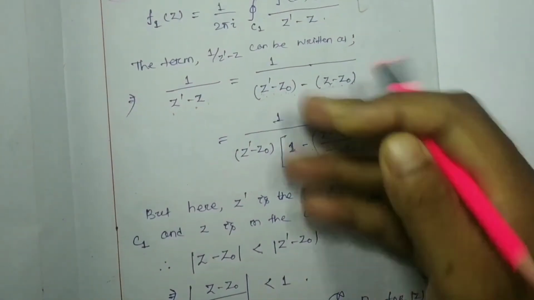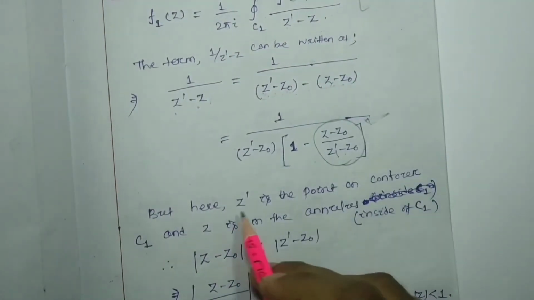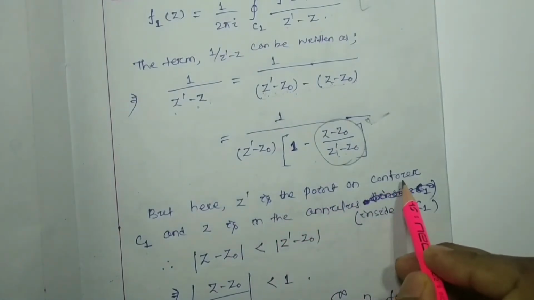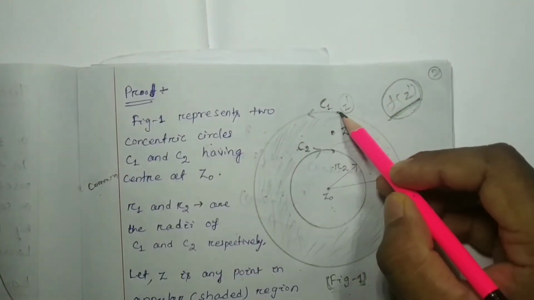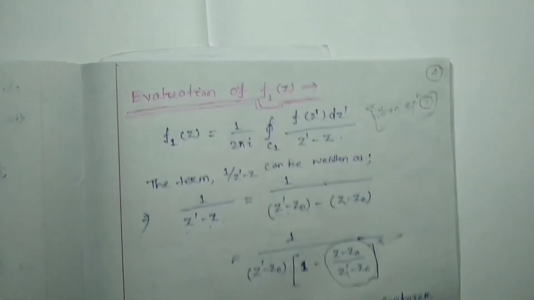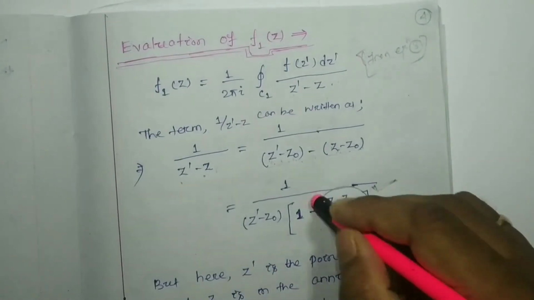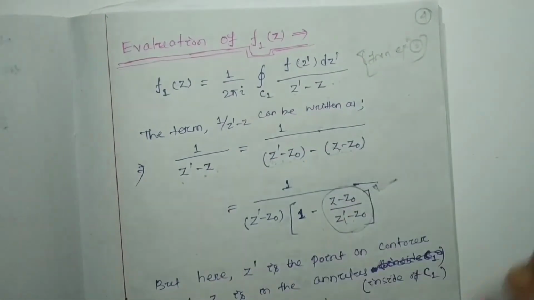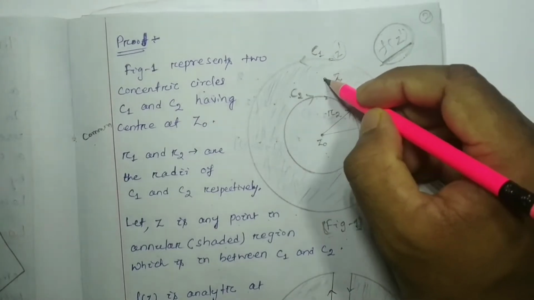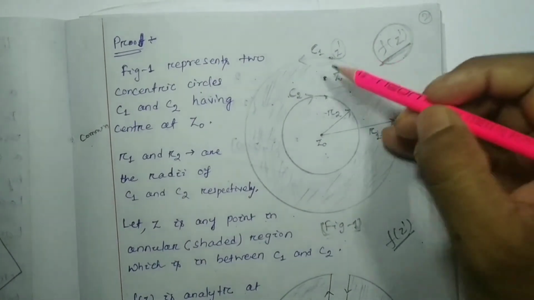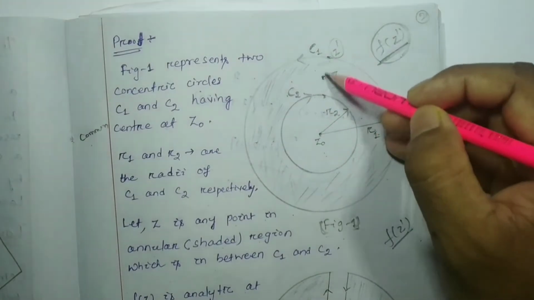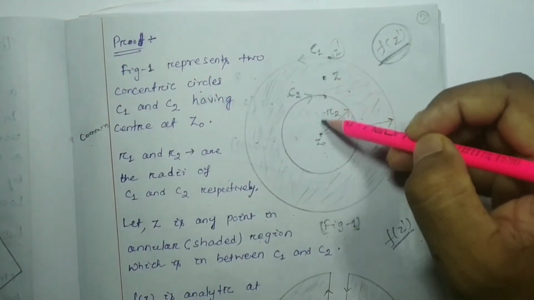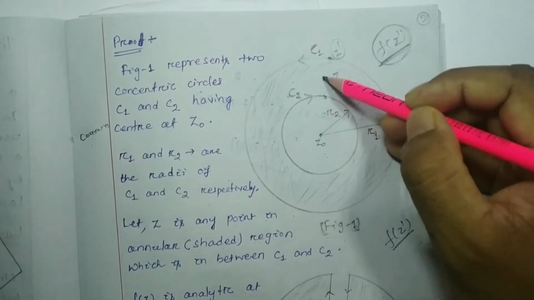How will it be less than 1? See, z dash is the point on the contour C1. You just refer to the figure. z dash is the point here, and z is the point here. Now subtract: z dash minus z0 is this length, the larger length, and z minus z0 is the smaller length, this one.